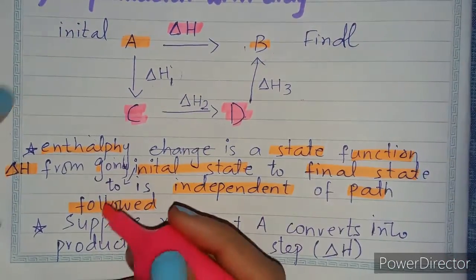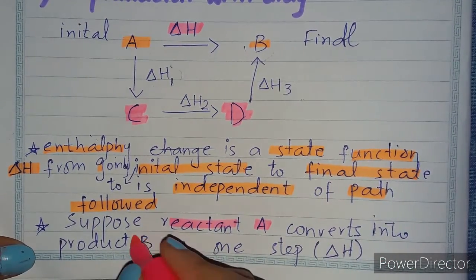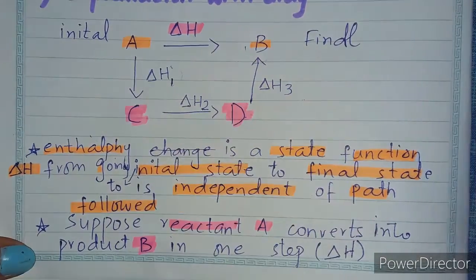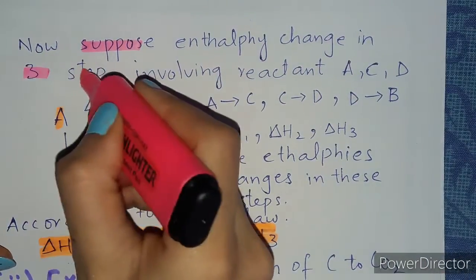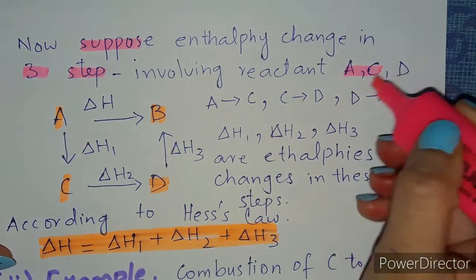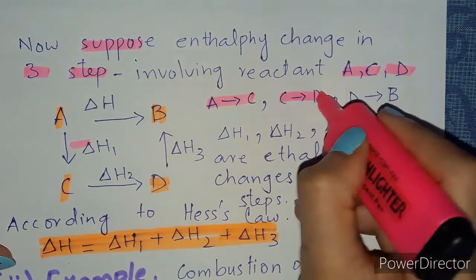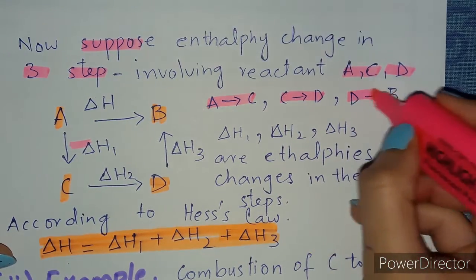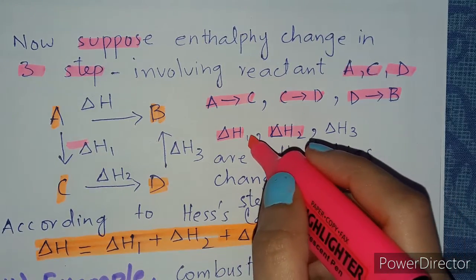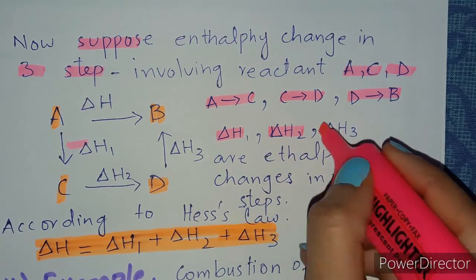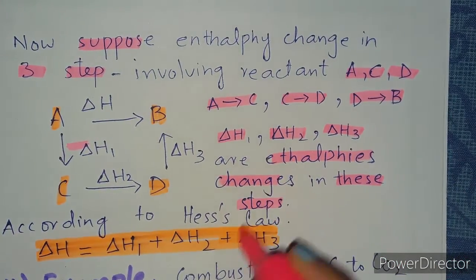Then explanation. Suppose a reactant A converts into product, this is a single step. And suppose the enthalpy change is in 3 steps involving reactants A, C and D. A converts into C, and C converts into D, and D converts into B. And enthalpy changes 1, 2 and 3 are the enthalpy changes in these steps.